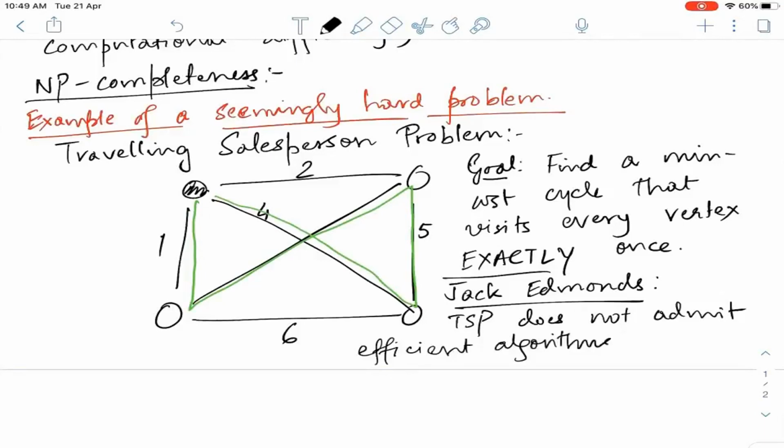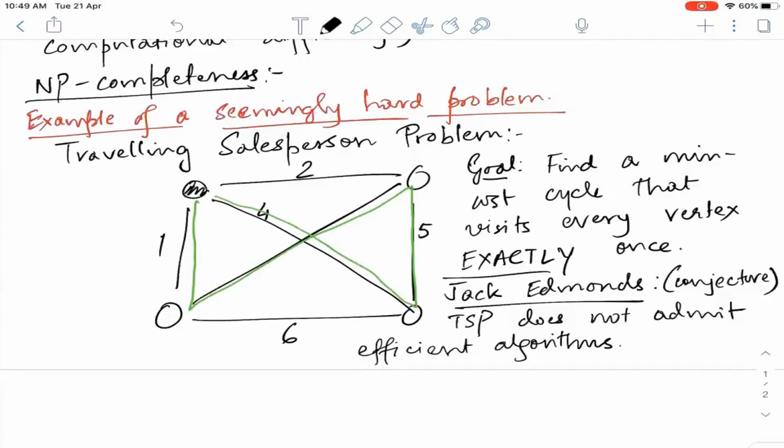Okay, so this is a conjecture. We don't know. This was probably done like 30, 40 years ago, but it's still open. So this thing is not resolved yet. We don't know whether TSP admits an efficient algorithm or not.